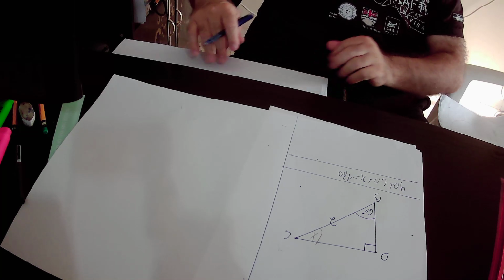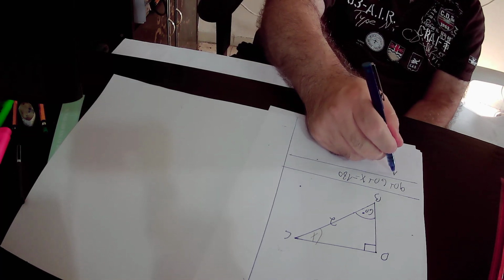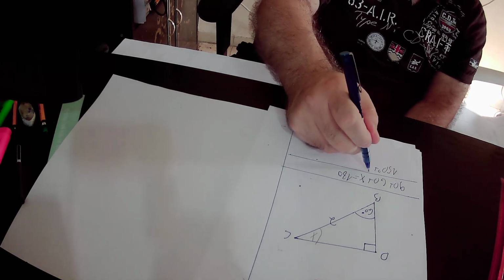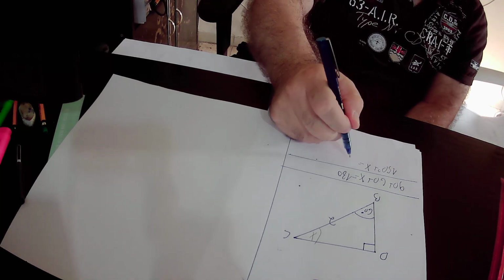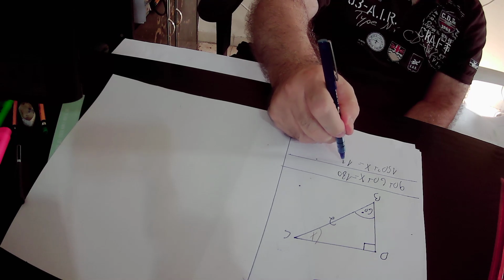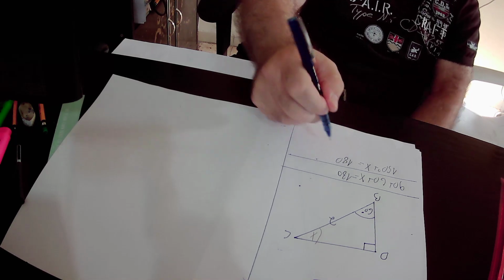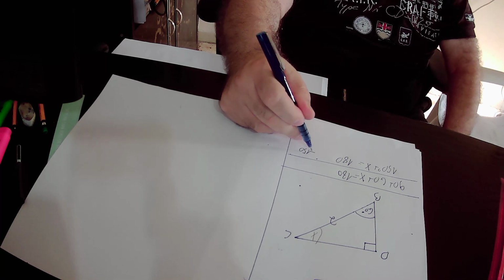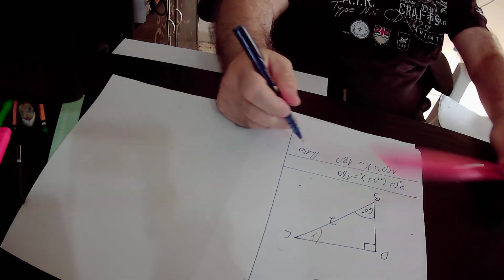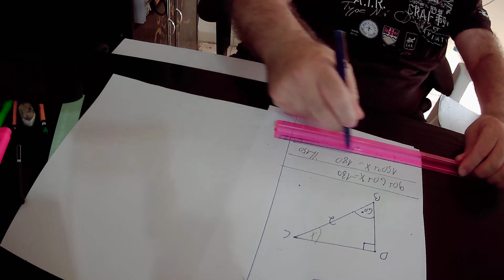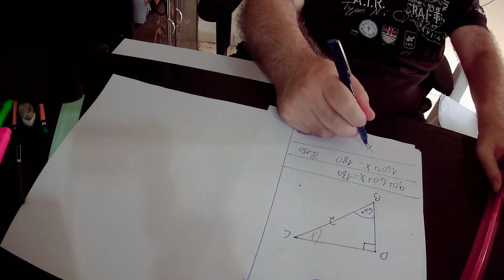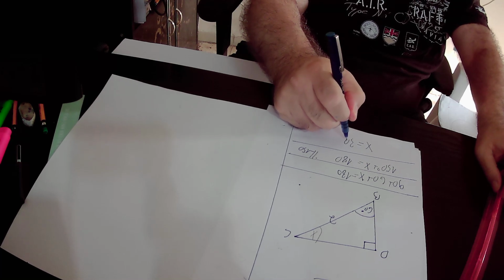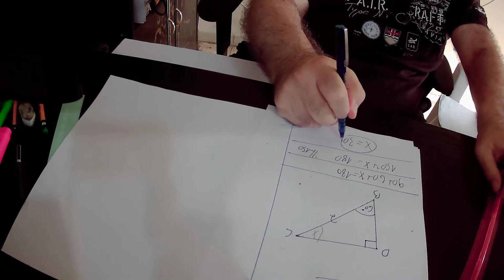90 degrees plus 60 degrees is 150 degrees, plus the size of angle X in total must be equal to 180 degrees. Here we subtract 150 degrees from this equation, and we get that the missing angle X equals 180 degrees minus 150 degrees, which is equal to 30 degrees.